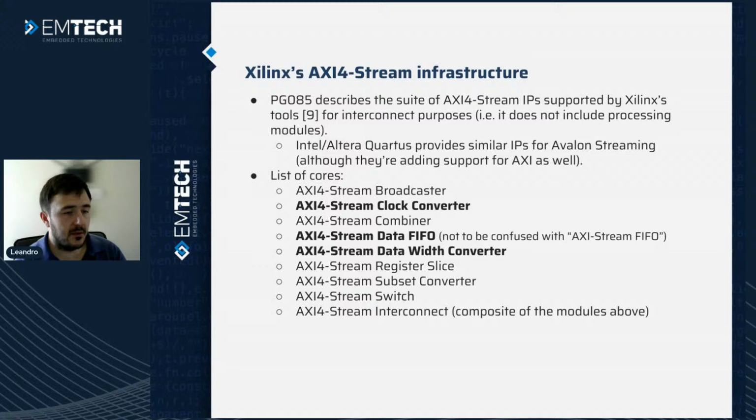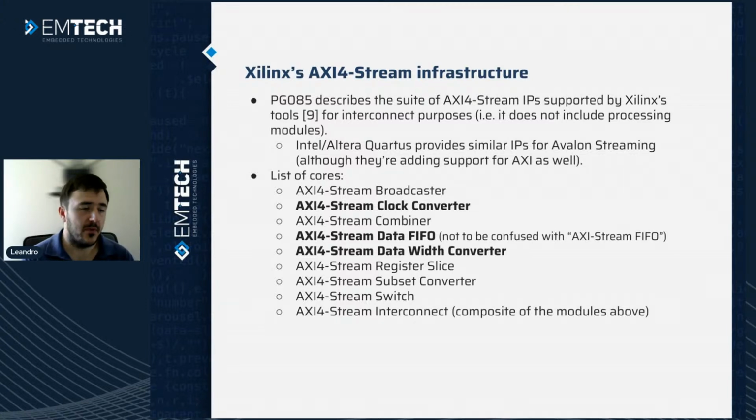I'm going to talk a little bit about the ones in bold, but you have a broadcaster if you want to replicate signals from one to many. You have clock converters, which are very important if you want to do CDC without buffering. You have combiners, which are some kind of opposite of the broadcaster. You have a data FIFO, not to be confused with AXI Stream FIFO, which is another IP you can use in Vivado.